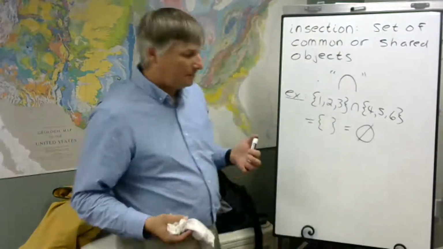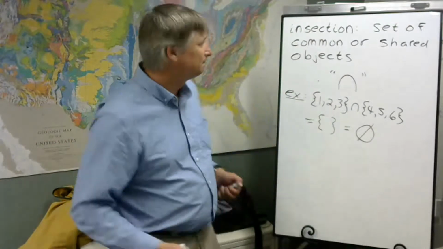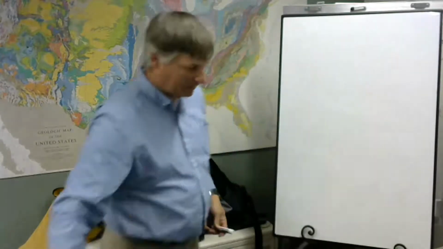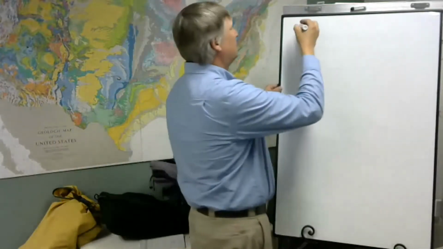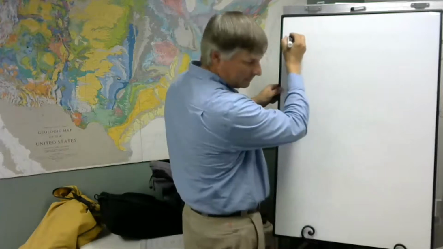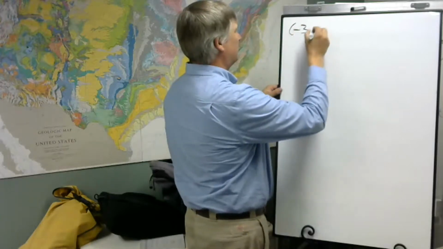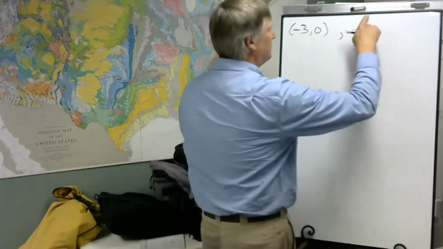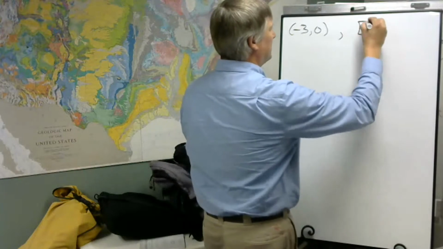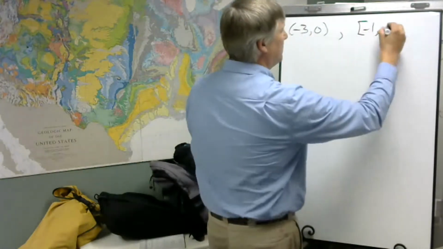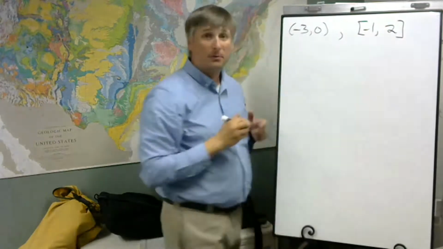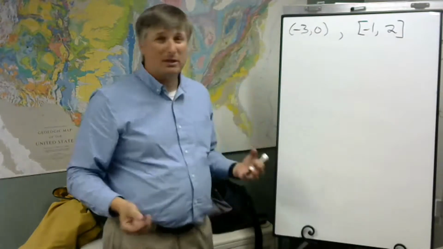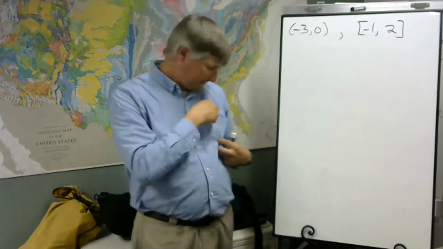So what we're going to be interested in are unions and intersections of intervals. So let's consider two intervals. -3 to 0, and let's go -1 to 2. Now we include those numbers. If we're going to look at intersections and unions of these sets, sometimes it helps to draw a picture of what these intervals are doing.